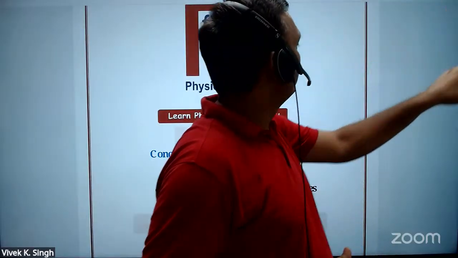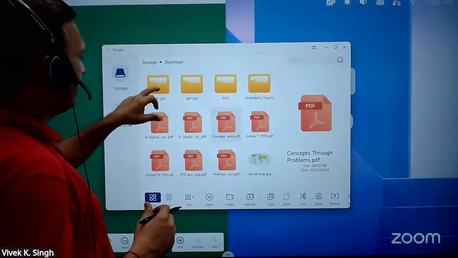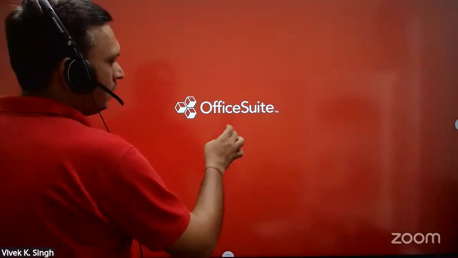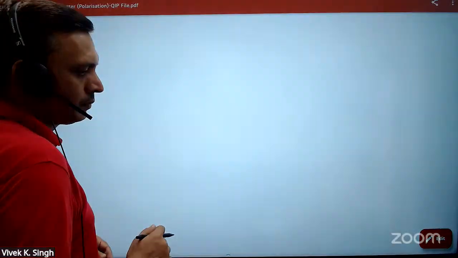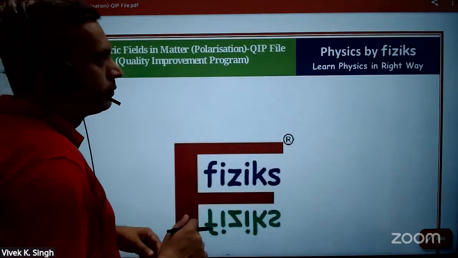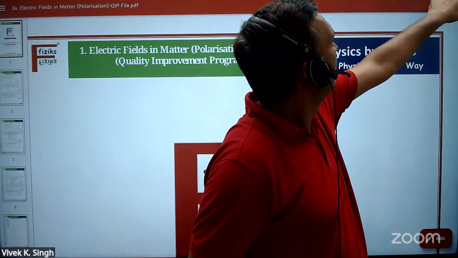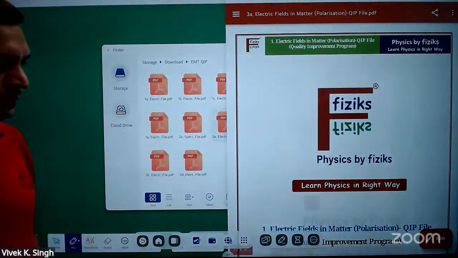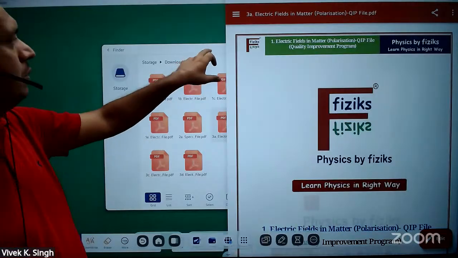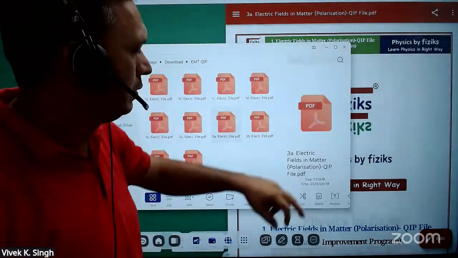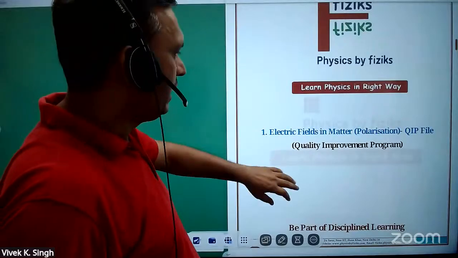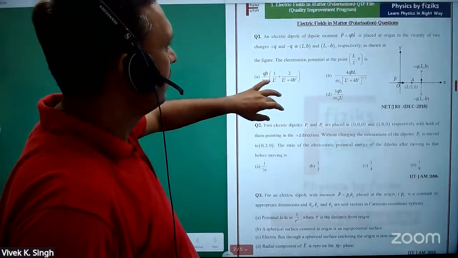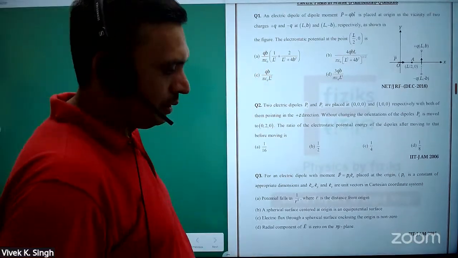We will see questions based on electric dipoles. So we will take dipole and polarization.